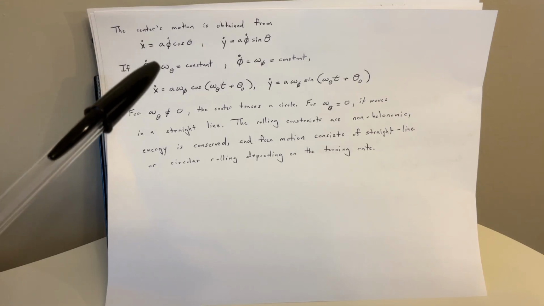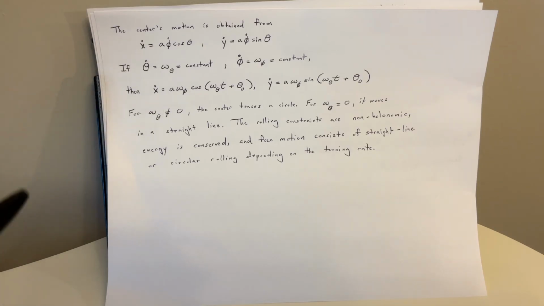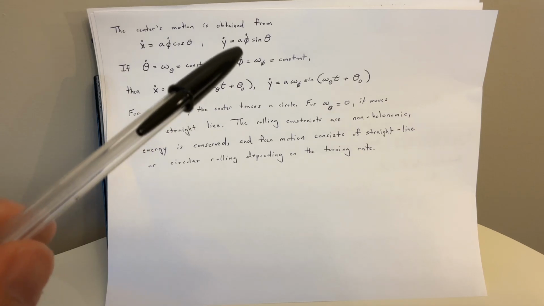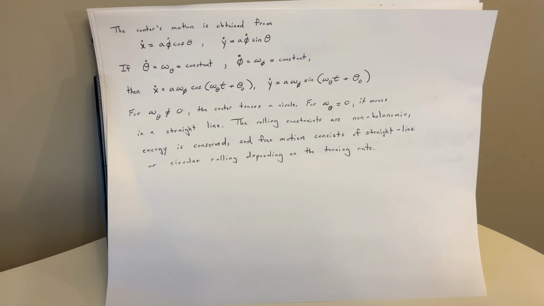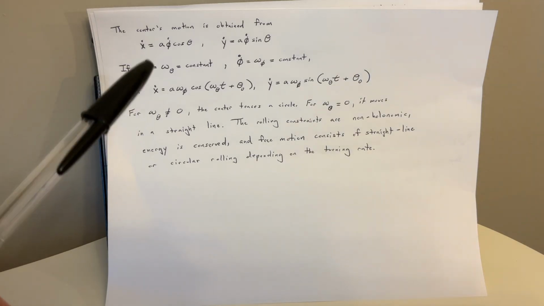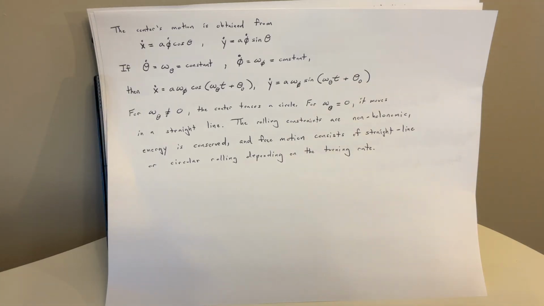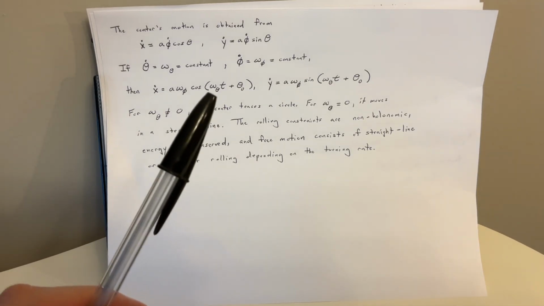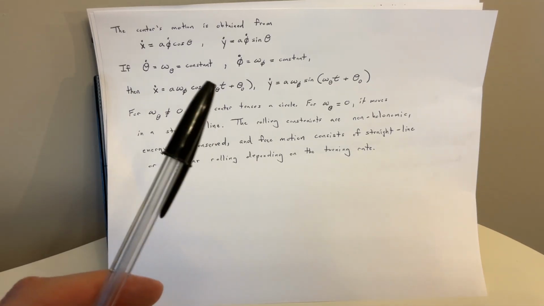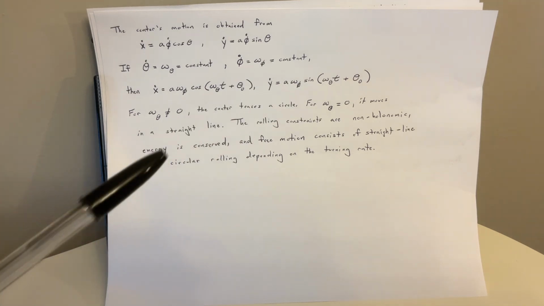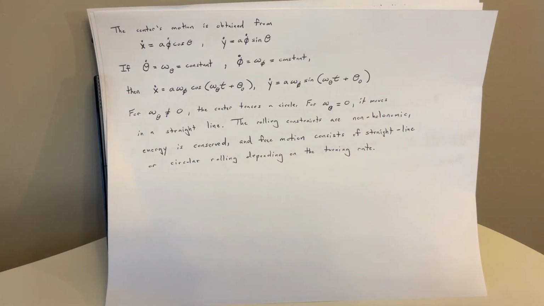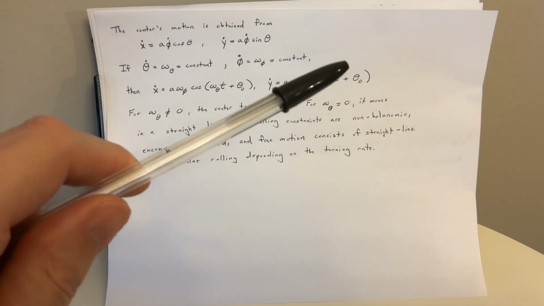If theta dot equals omega sub theta equals constant, phi dot equals omega sub phi equals constant. So then from there, x dot equals a omega sub phi cosine of omega sub theta t plus theta naught, next component, y dot equals a omega sub phi sine of omega sub theta t plus theta naught.